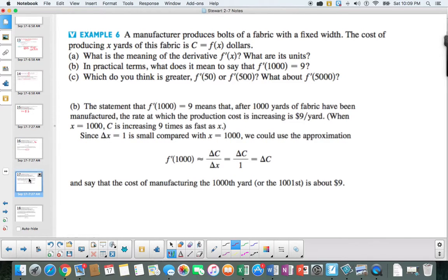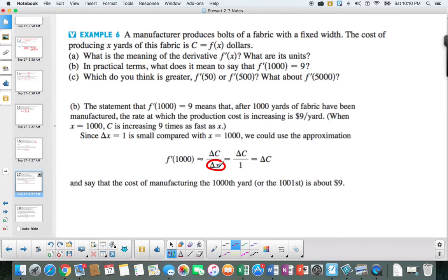Well, it means that if you take a look at this rate of change here, and remember, this is an approximation, so this slope of the secant line is approximately equal to the instantaneous rate of change.